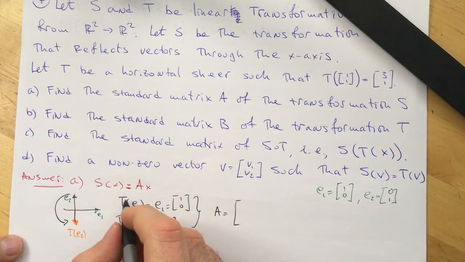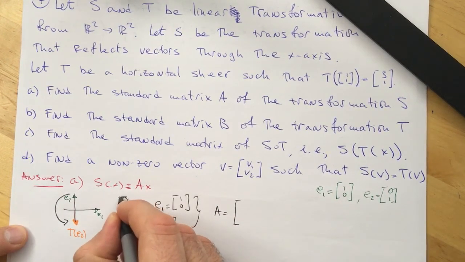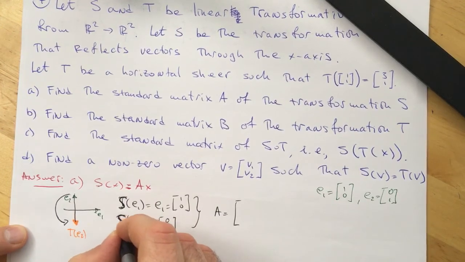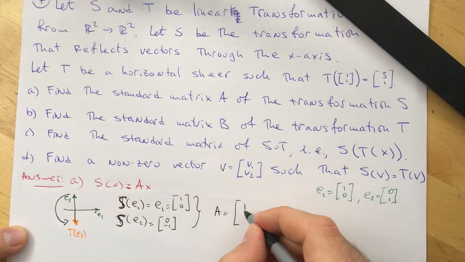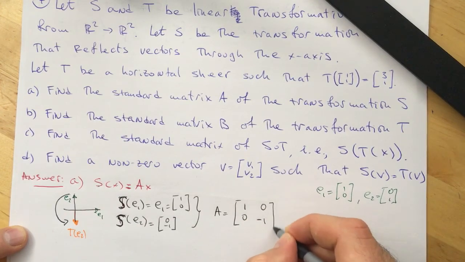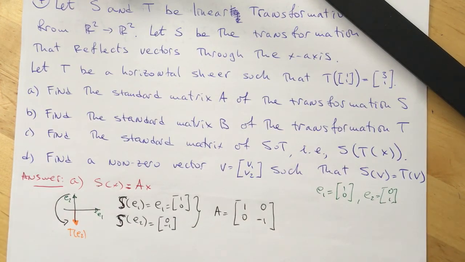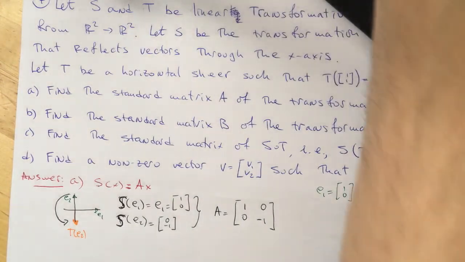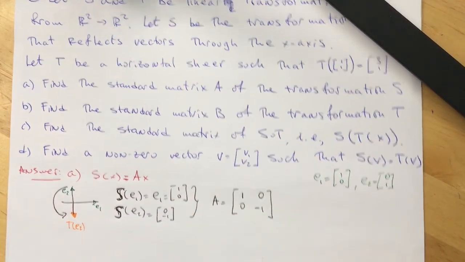Here I made a mistake. It's not T, it's S. Sorry about that. The transformation is called S, so 1, 0 and 0, negative 1. Okay. Now let's do B. Okay.